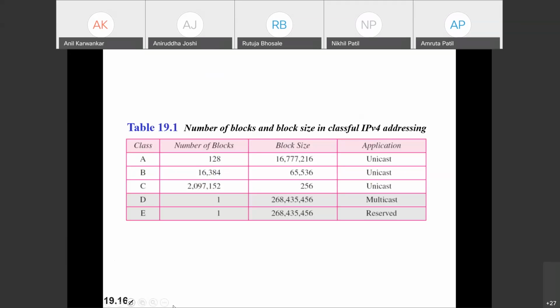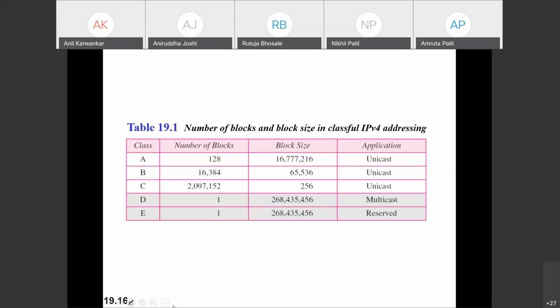Class C addresses are designed for a small organization with a small number of attached hosts or routers. So the maximum number of hosts or routers available in Class C, depending on the block size, will be only 256.